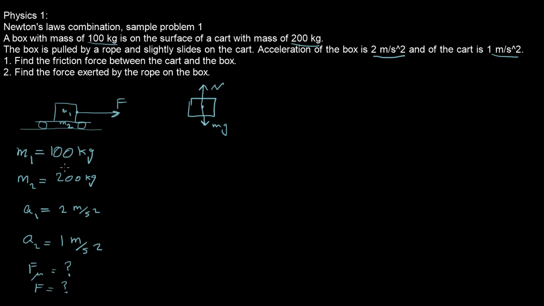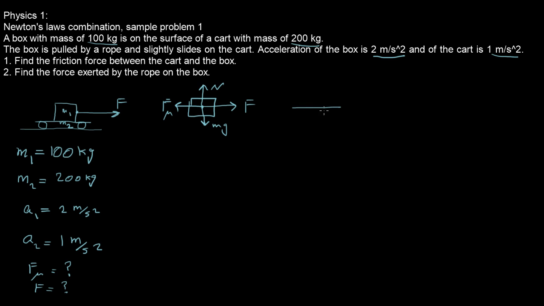That's why the box doesn't fall down. And there is a force by the rope, F, and there is a friction force that is against the direction of motion exerted by the cart, and that is the F mu that we want to find. So that is all the forces on the box.